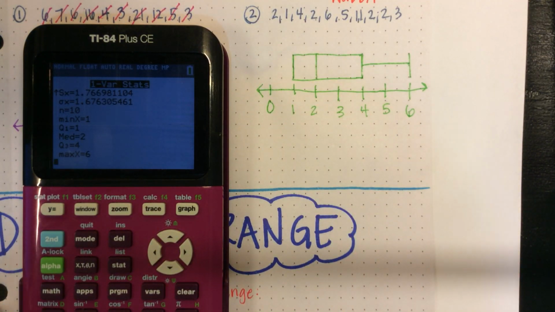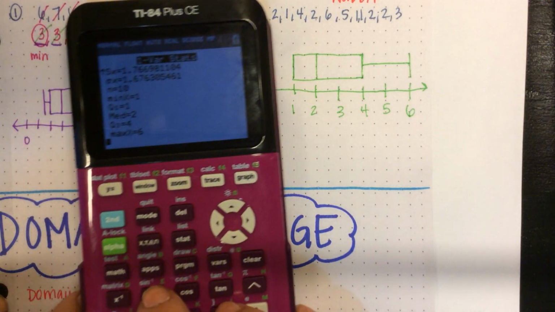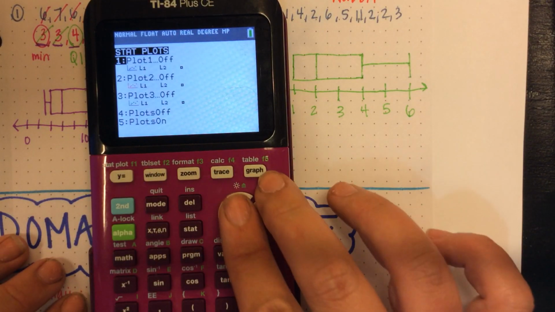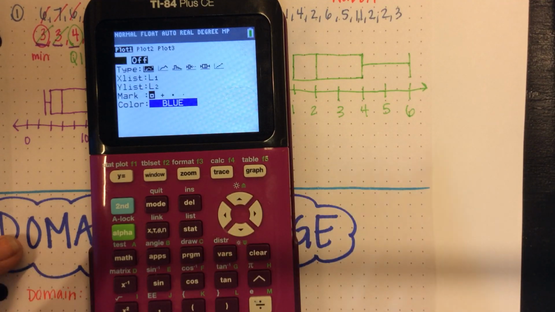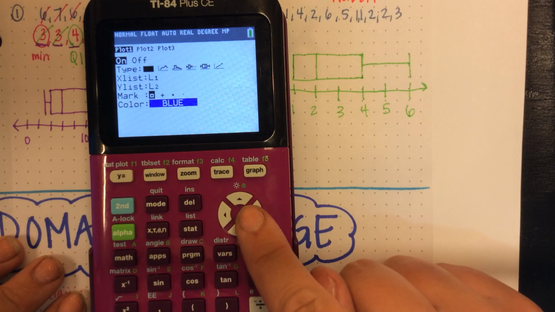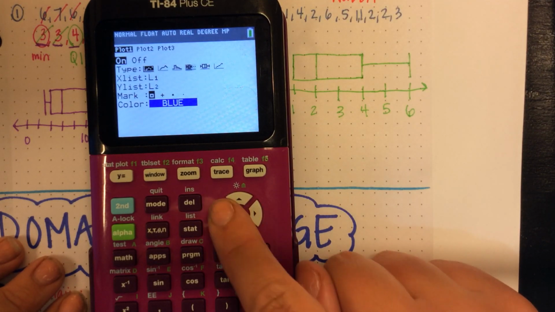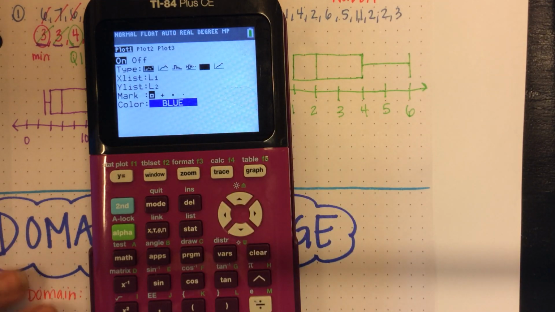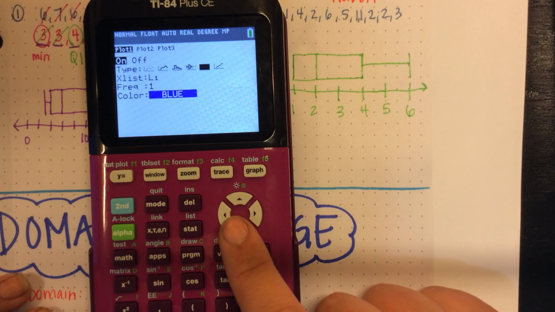Okay, now I can even show you how to graph on the calculator. So when you want to graph this, I'm going to go to second y equals, and I'm going to press enter and change that plot to on. And I'm going to go down to the type and look in here, and we got these 2 box and whiskers. For what we're doing, all we need is the second one there. Looks just kind of like the one I just did. I'm going to highlight that so that it's on.